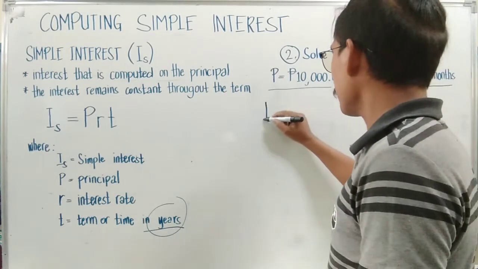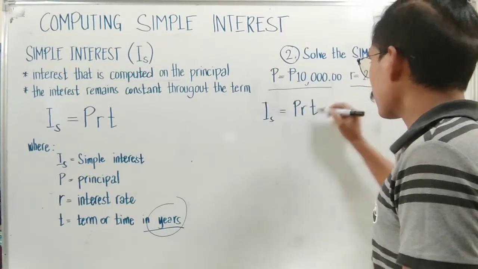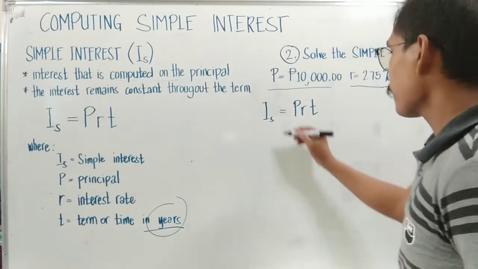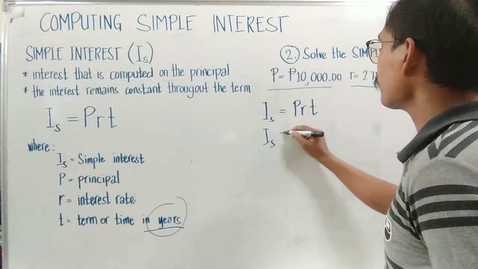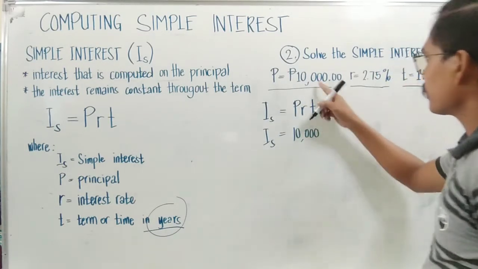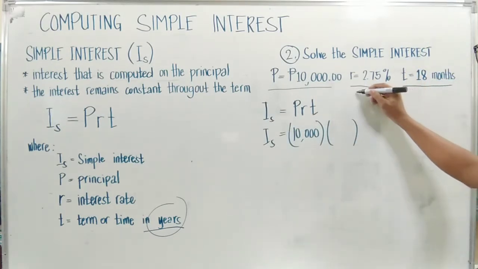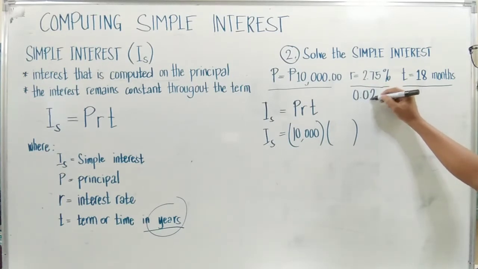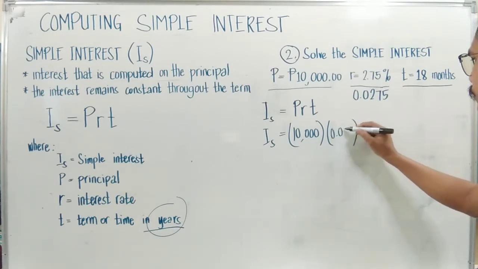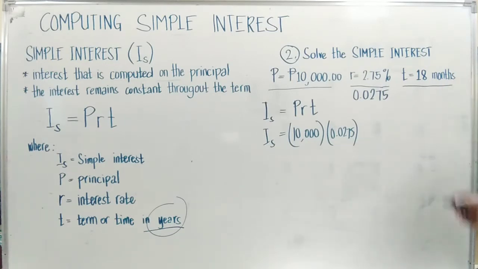Again, the equation that we will use is I sub s equals P R T, or simple interest equals principal times rate times time. Your principal is 10,000 times your rate, which is 2.75%, equal to 0.0275. Then your time is 18 months.